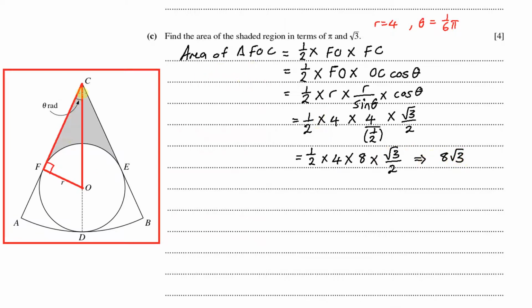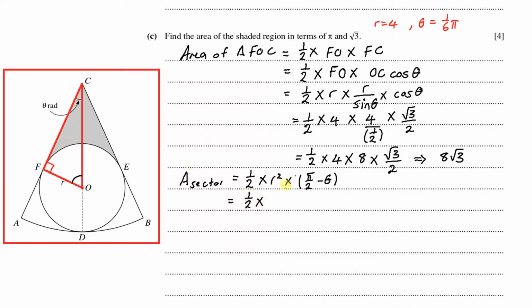So now that we have the area of FOC, we now need to work out the area of the small sector here. For the area of this sector, we can say area of the sector is equal to half times R squared, times theta, which is this angle here, which is a third angle to the right angle triangle. So that's pi over 2 minus theta. So this is going to be half times R squared.